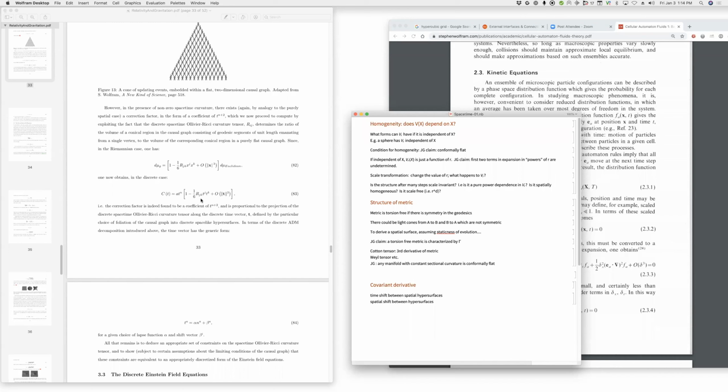Okay, but the first claim here is that the simplest possibility is that R mu nu is equal to 0.